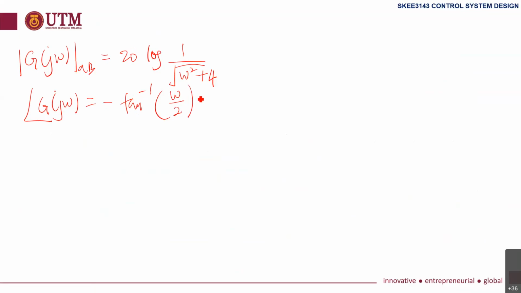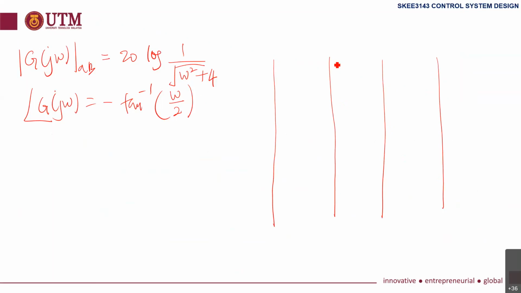Okay, now let together, I want you to do also. We want to calculate some data and complete this table. Omega in radian per second. We want Gj omega.